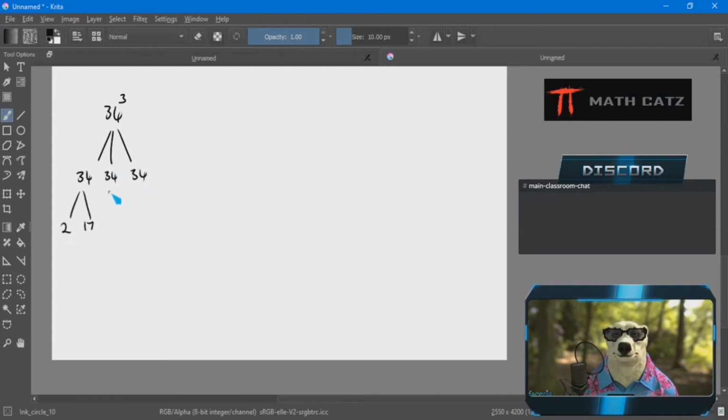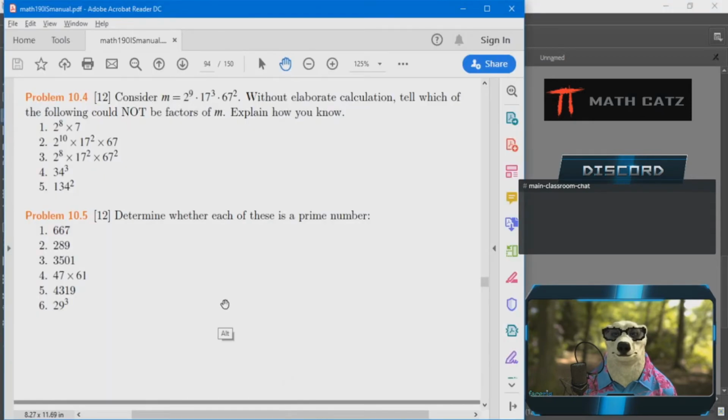That's 2 times 17, 2 times 17, 2 times 17, which makes this number that I'm trying to investigate 2 cubed times 17 cubed. Now there was a shortcut, but you don't need it. This is short enough. So the number I'm really comparing has 3 2s and 3 17s. Yeah, that's fine. That can fit.